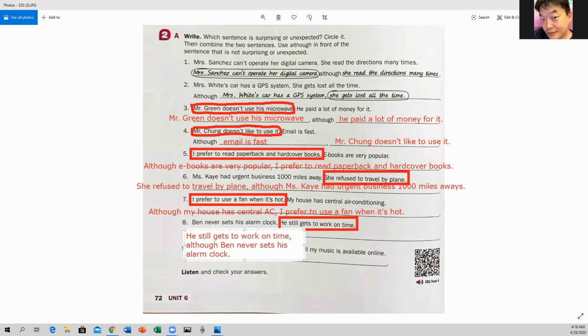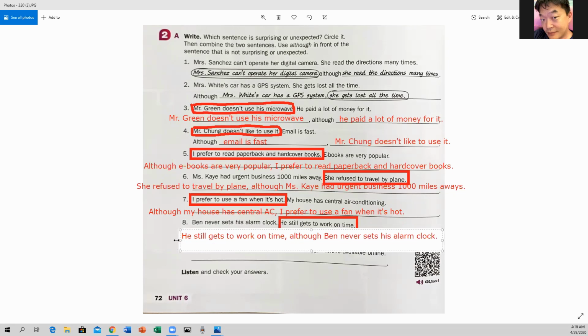So one thing you have to get used to is putting although to introduce the unexpected clause, the unexpected sentence, right? The surprising fact. That's what the exercise wants you to do. Sorry, although always introduces the certainty, okay? The certainty. So that's one important thing you have to remember.